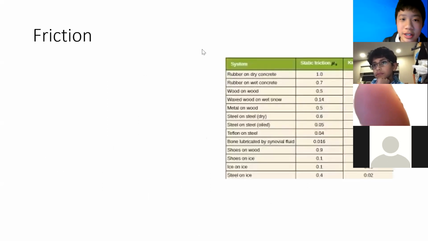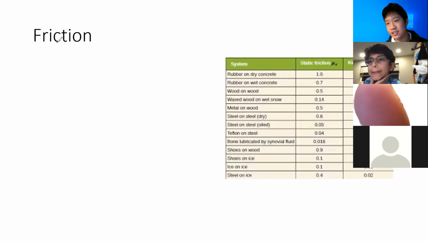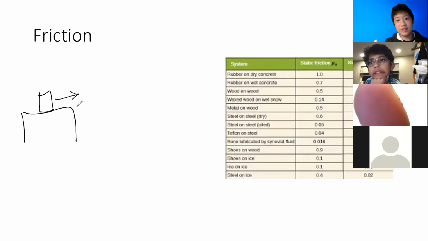Okay, friction. First, let's ignore this table here. The definition of friction: we know that friction is applied on every single object in the known universe. If I had some object here on the table and it was moving, then we will have a friction applied to it.